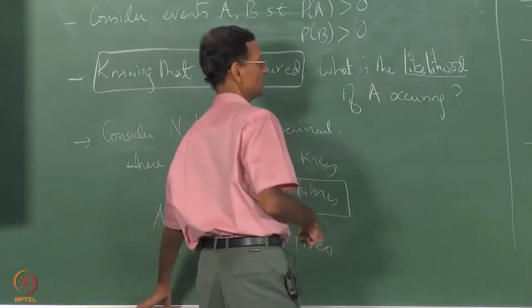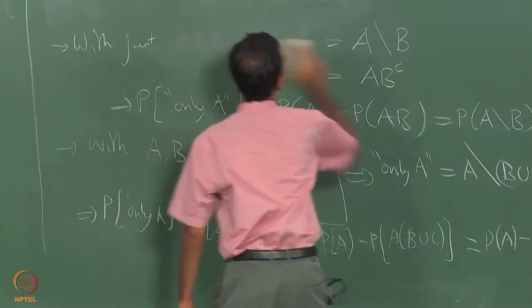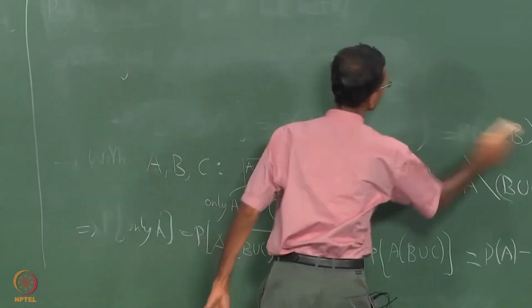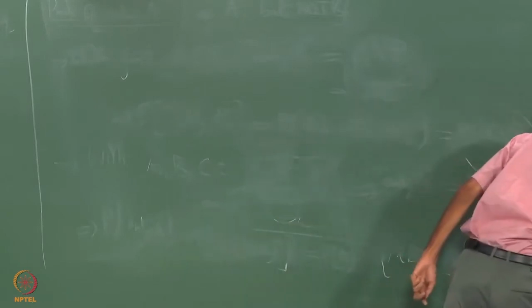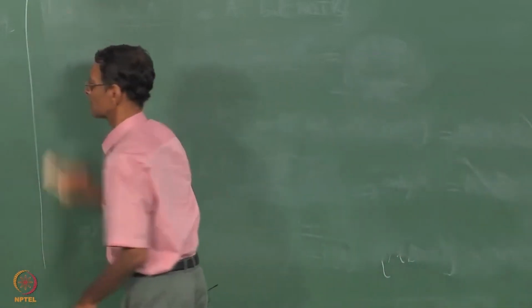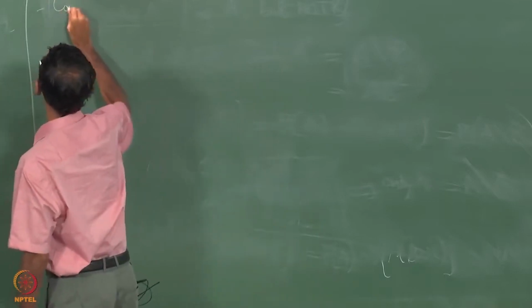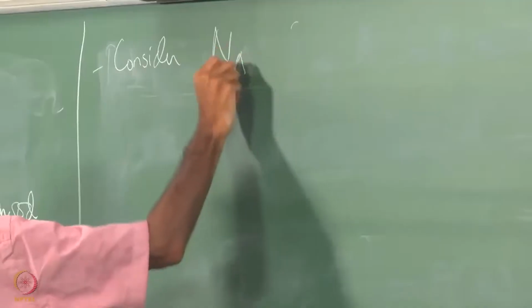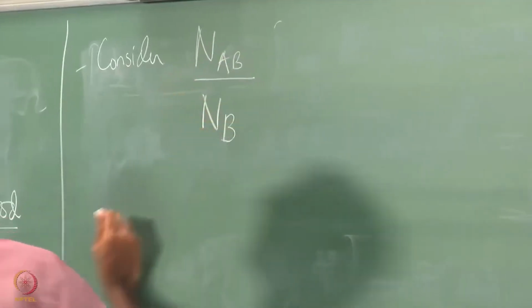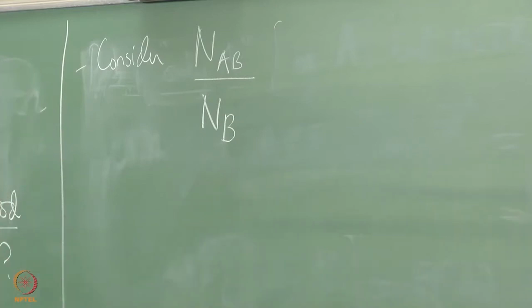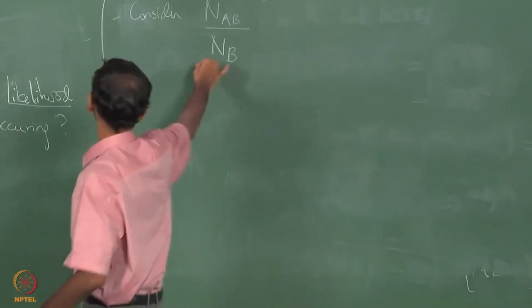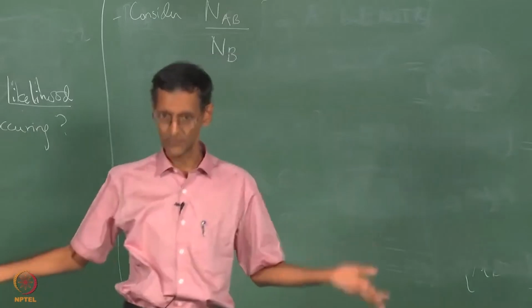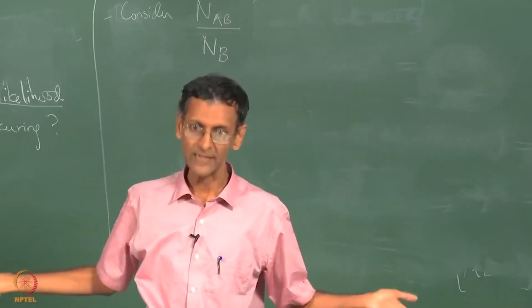Now consider the ratio NAB by NB, the number of times you observe both A and B divided by the number of times you observe B, without any reference to A.